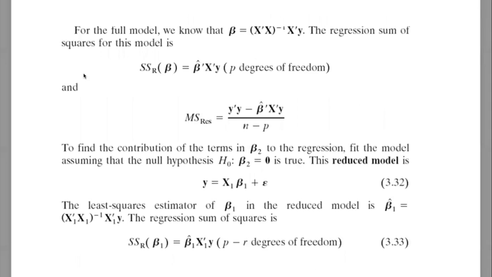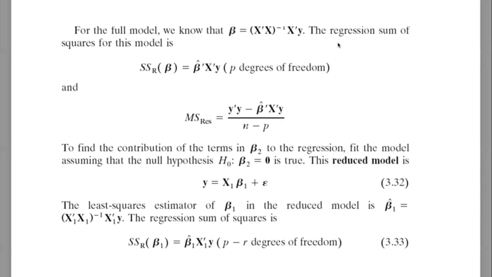Now, for the full model, as we covered in a previous lecture, we know how to estimate beta. I just want to point out that there should be a hat on that beta, but when they took the screenshot, that hat got cut out. We know that beta hat, our least squares estimator of beta, is given by the product of the inverse of X prime X and X prime y.